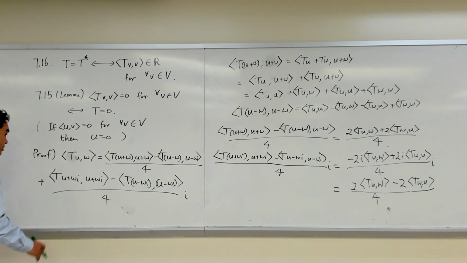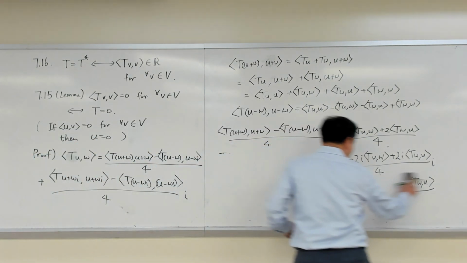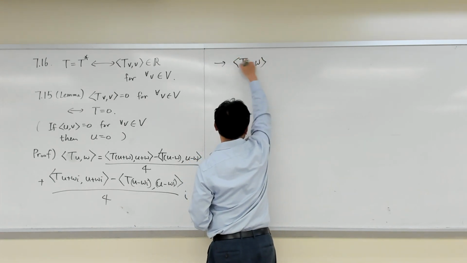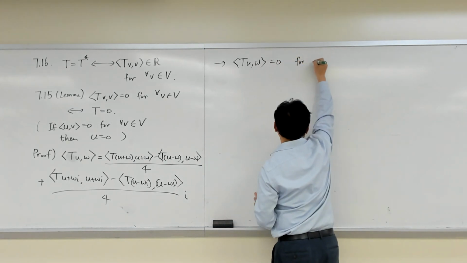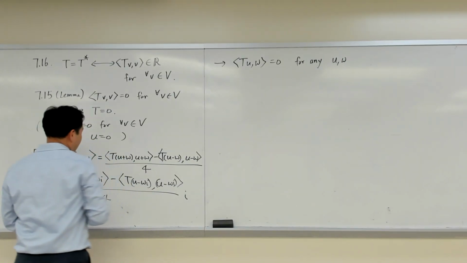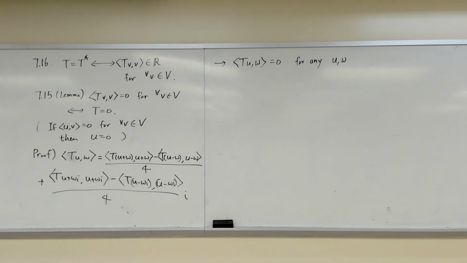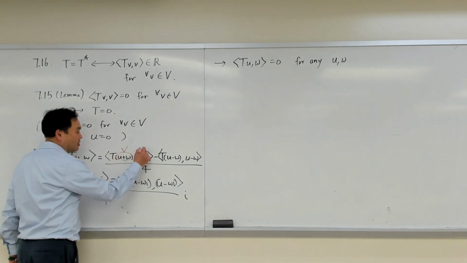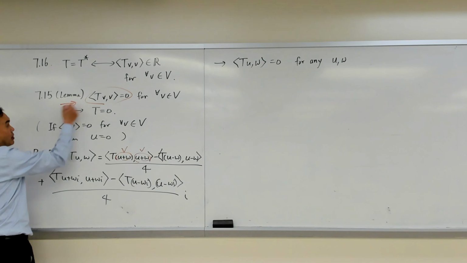And as I said, I'll write down what I said before. This says that <Tu, w> is equal to 0 for any u, w, right? If I think of u plus w as like v, and we assume, we're trying to prove this direction, okay?